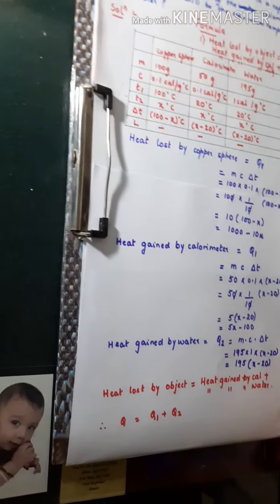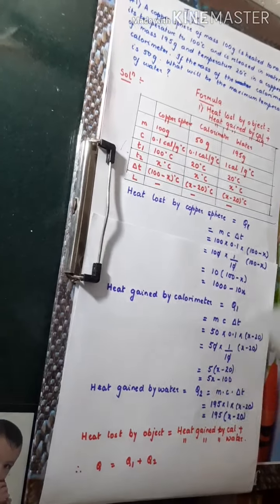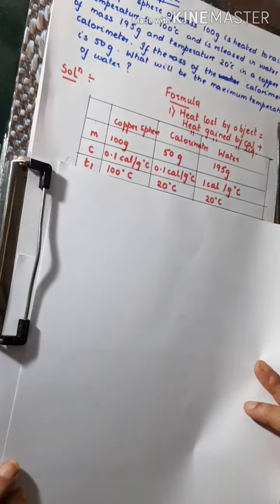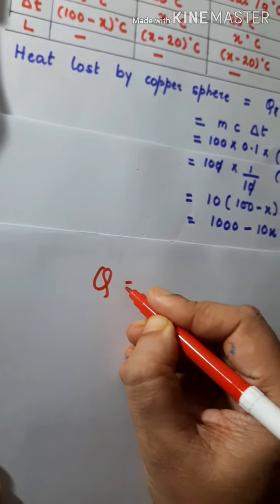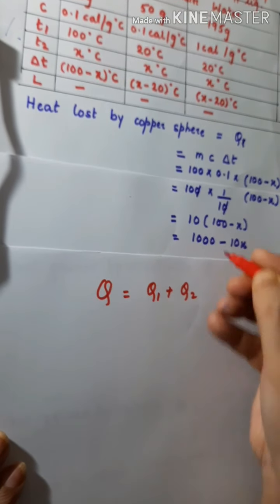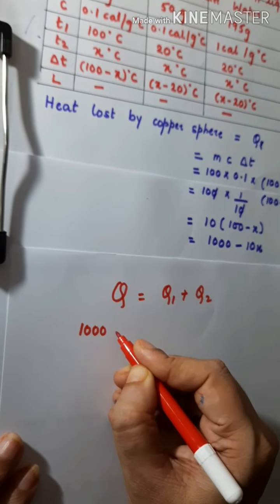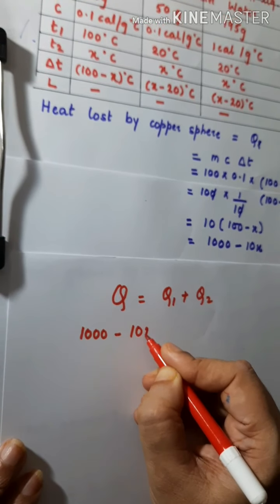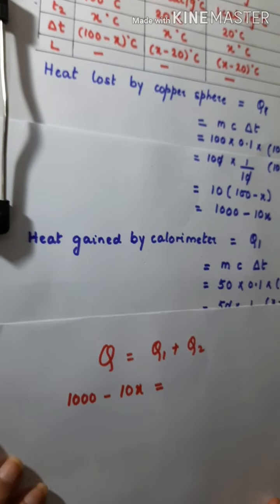Now, how much is Q? I will take this on a new page. I'm saying that Q equals Q1 plus Q2. My Q is 1000 minus 10x, equal to, how much is my Q1?